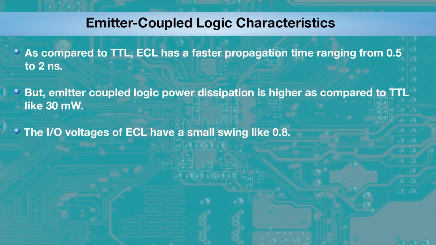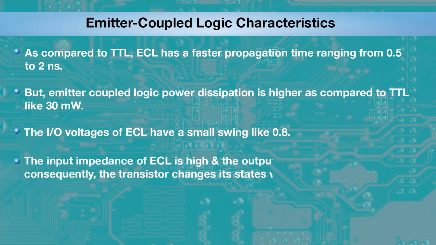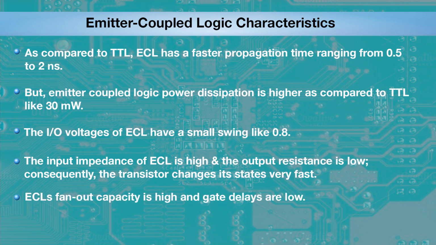The I/O voltage of ECL has a small swing like 0.8. The input impedance of ECL is high and the output resistance is low. Consequently, the transistor changes its state very fast. ECL fan out capacity is high and gate delay is low.